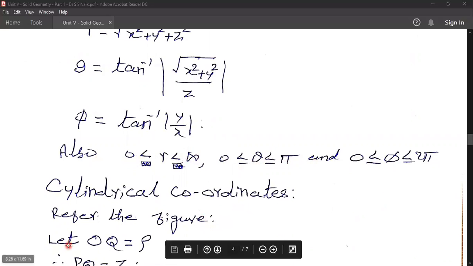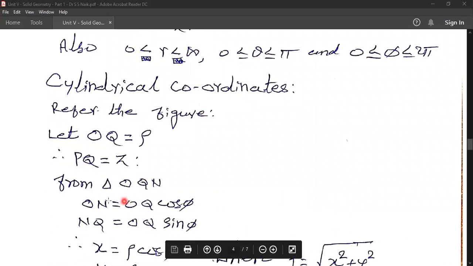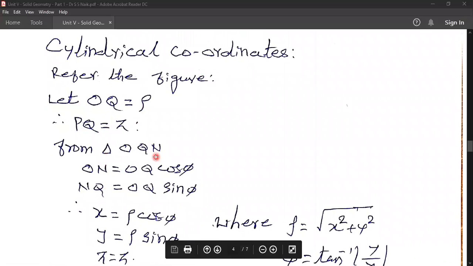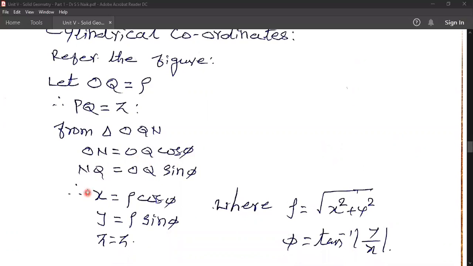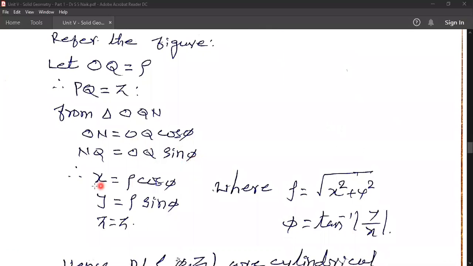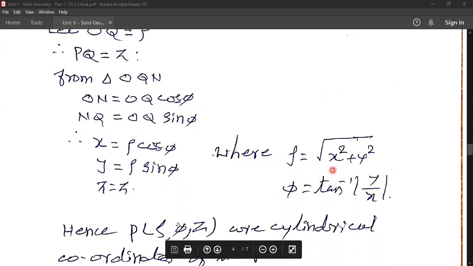Then we'll see the next coordinate system, that is the cylindrical coordinate system. Refer to the figure. Let OQ be equal to rho, PQ equal to z. Then from the triangle OQN, ON is equal to OQ cos phi and NQ is equal to OQ sin phi. So x is equal to rho cos phi, y is equal to rho sin phi and z is equal to z, where rho is equal to square root of x square plus y square and phi is equal to tan inverse of modulus of y upon x.